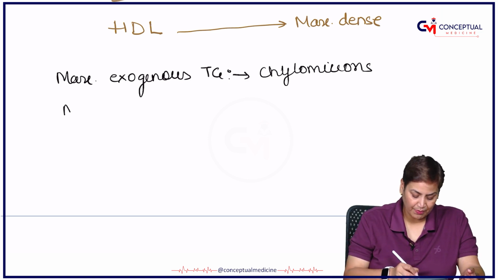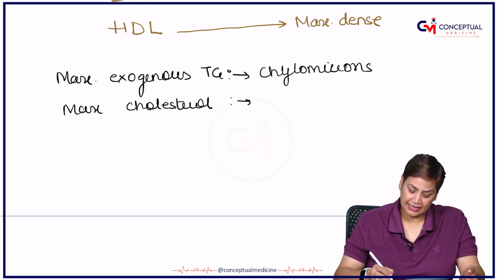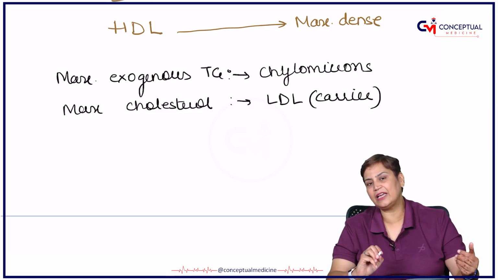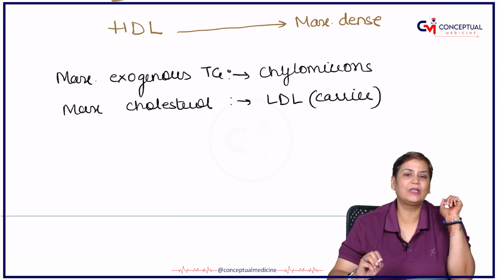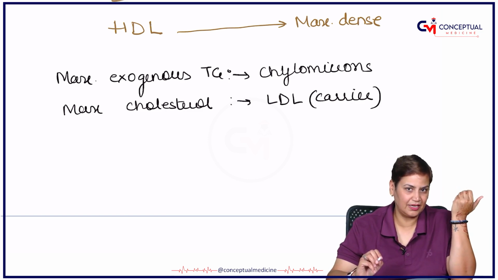Right, if I talk about maximum cholesterol, it is in the LDL. In fact, LDL is the carrier of bad cholesterol. What will it do? It will just take cholesterol and deposit it to the extrahepatic tissues, leading to a risk of CVDs or CADs.